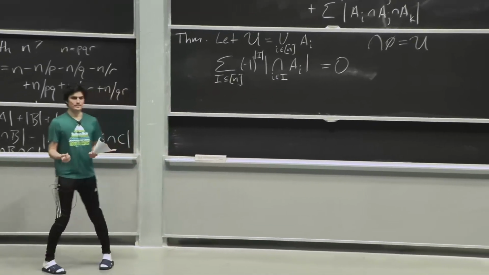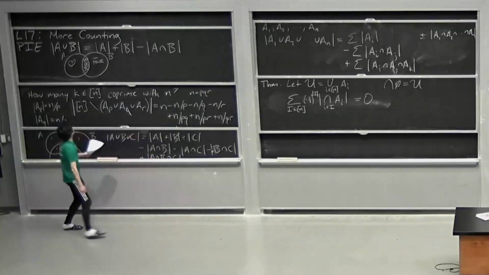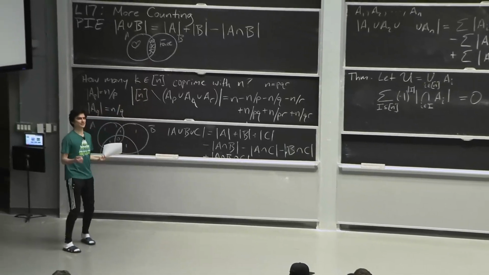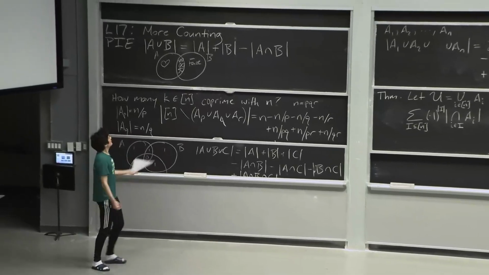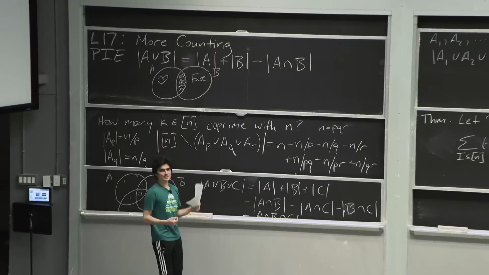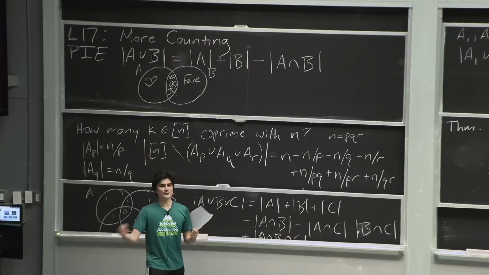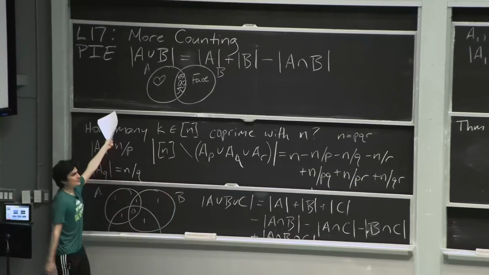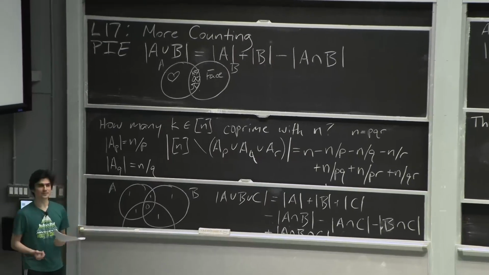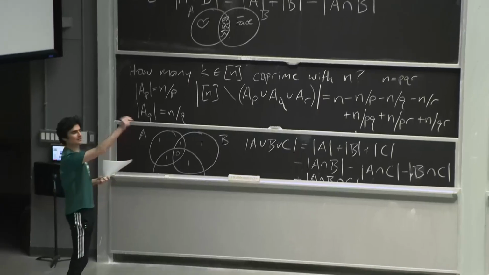Over here, A corresponds to the subset just 1. B corresponds to the subset 2. A intersect B corresponds to the subset 1, 2. And A union B corresponds to the empty subset. So these are all of the subsets of the integers 1 and 2. Does that make sense?